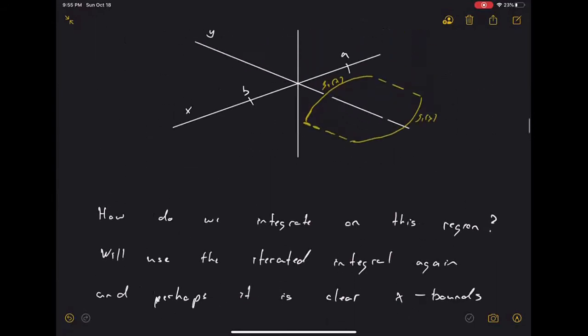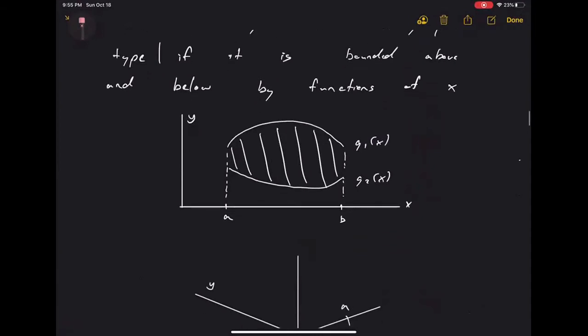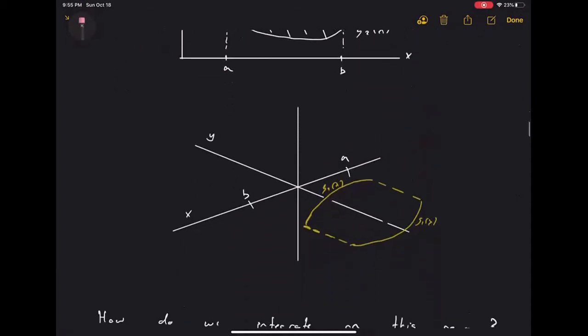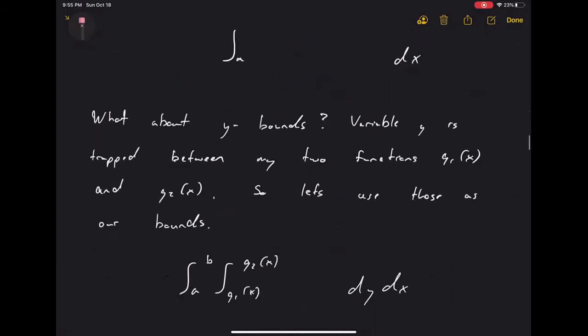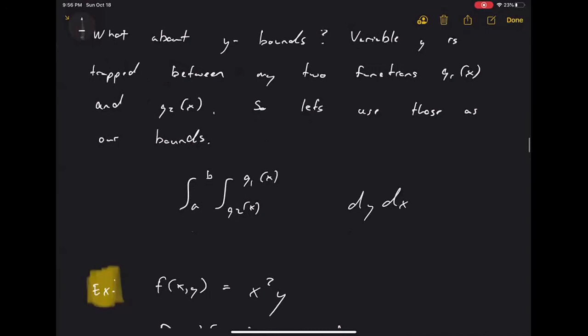My y bounds correspond to my vertical stuff, right? What is my upper vertical bound here? That's the function g1, and my lower vertical bound is g2. Let's use those functions as upper and lower bounds, and I got these backwards. It should be g1 and g2. So I'm going to use as my y bounds g1 of x as the lower bound and g2 of x as the upper bound.